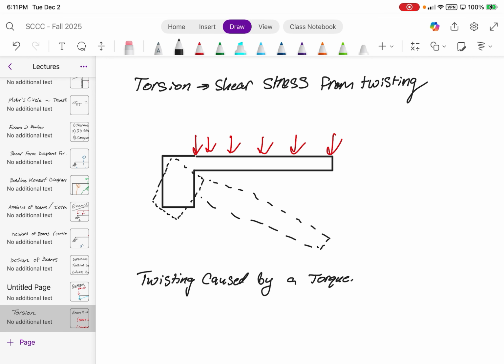I'm not going to go too much into the power. If you have the textbook, it tells you how to calculate horsepower with respect to certain values of torque, so it's very interesting if you like machine work. But this torque is basically just a type of moment that acts in the cross section.